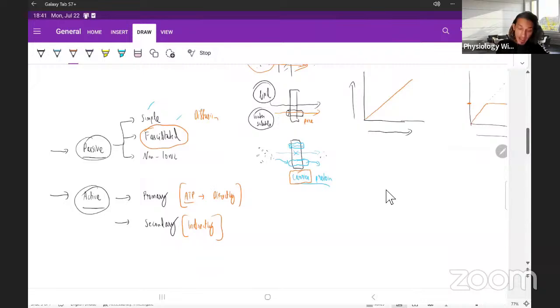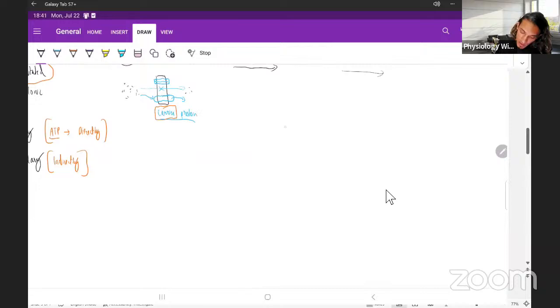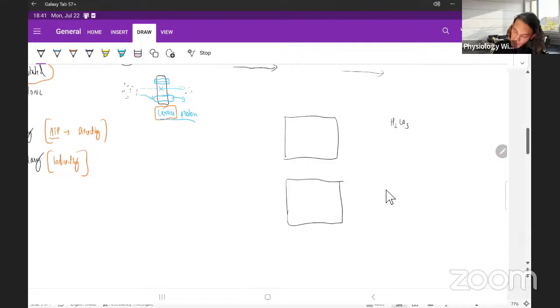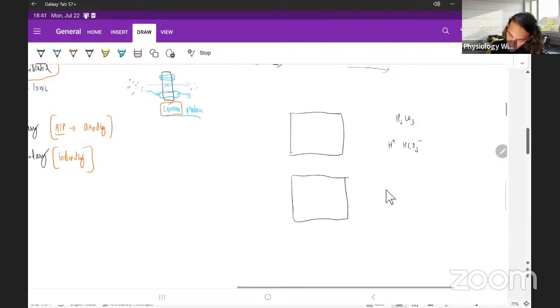Non-ionic diffusion, on the other hand, is when, for example, H2CO3 splits into HCO3 minus and H plus. In this ionic form, H plus and HCO3 minus cannot pass through the membrane.